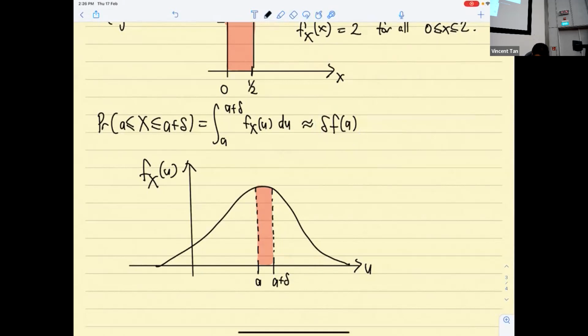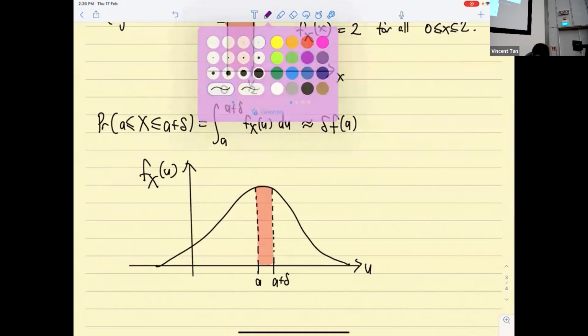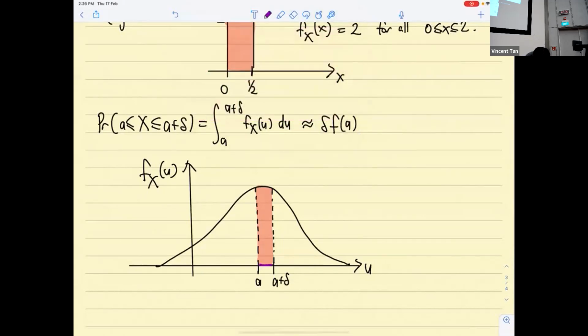This is the area of the rectangle with width delta and height f of a. The height is this height here. Do you agree that the area of the rectangle is exactly delta times f of a? That's the area of this rectangle bounded by the purple lines.